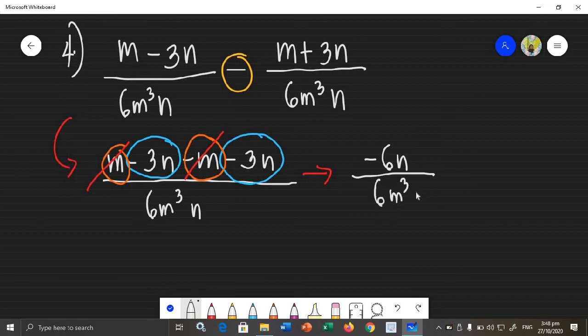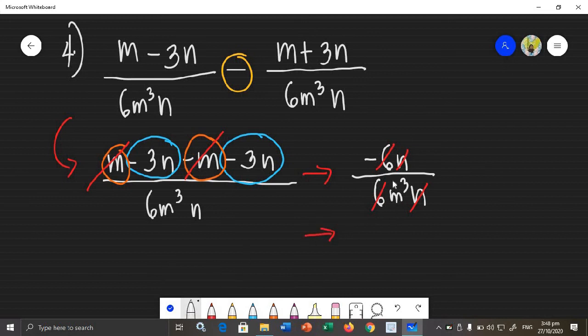6m cubed n. So now here, observing this, we can actually cancel numbers or variables here, or coefficients pala. We can cancel coefficients and variables here, di ba? So we can actually cancel 6. We can cancel also n. So wala nang matira dun sa numerator, ma'am.